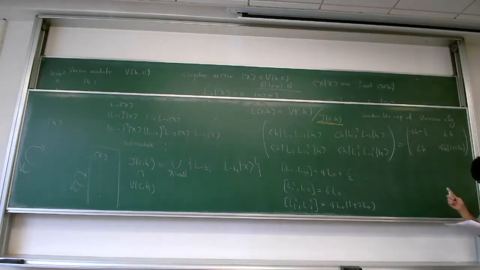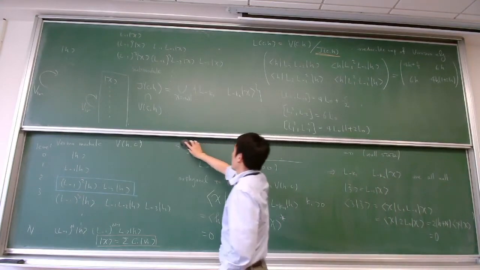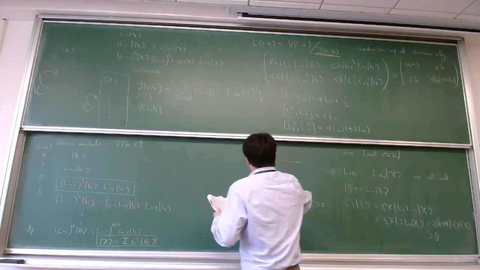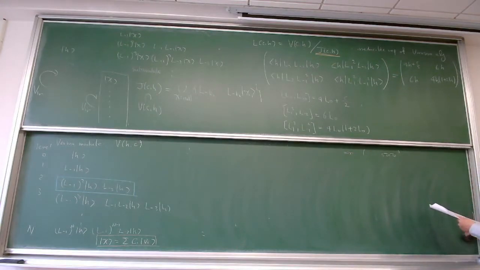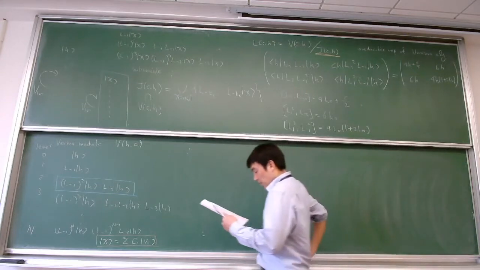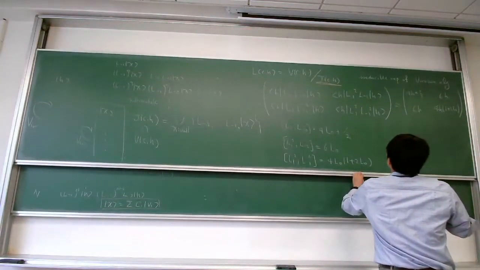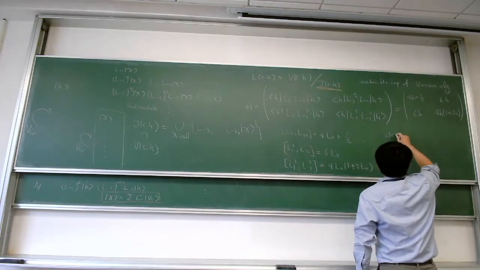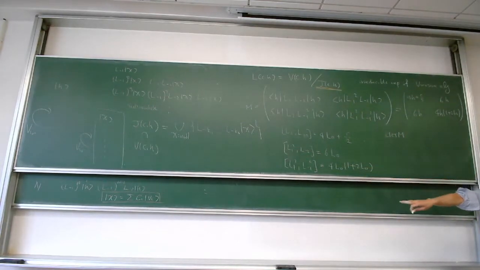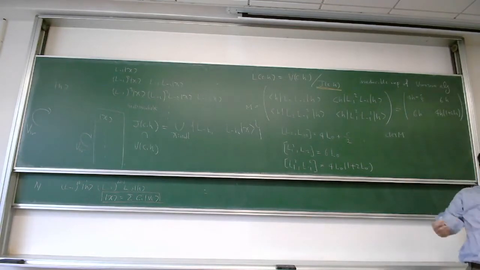And take the determinant. When the determinant of M is equal to 0, a singular vector will show up, which is easy to see, because a linear combination of these two states gives you a null state.